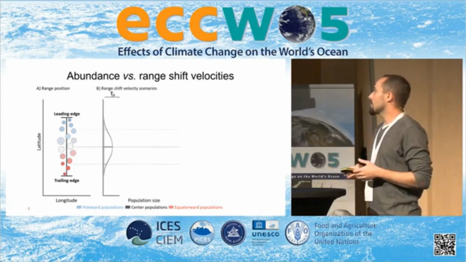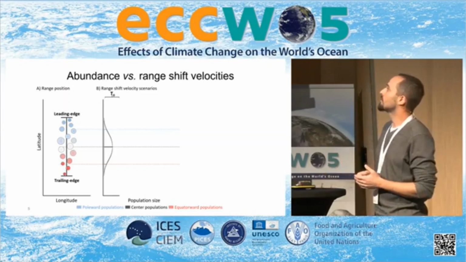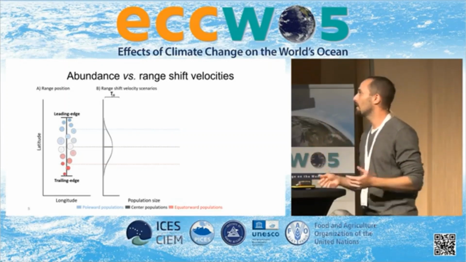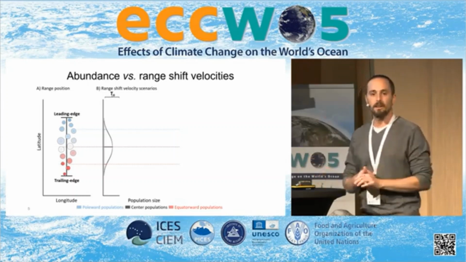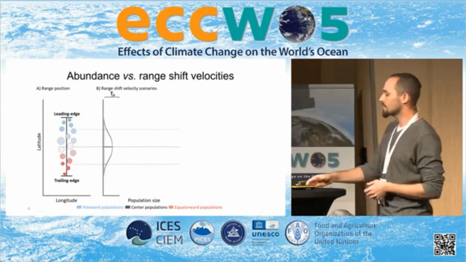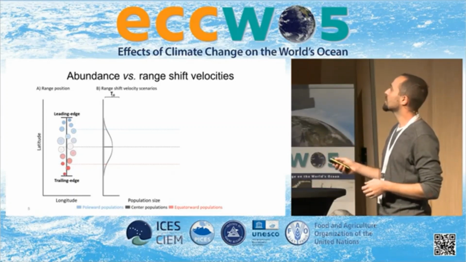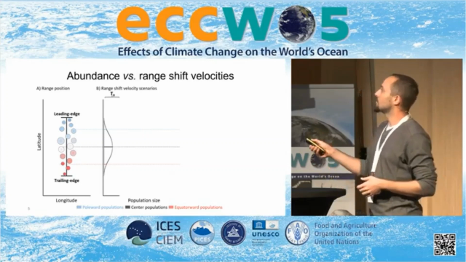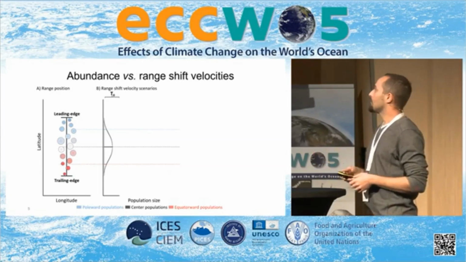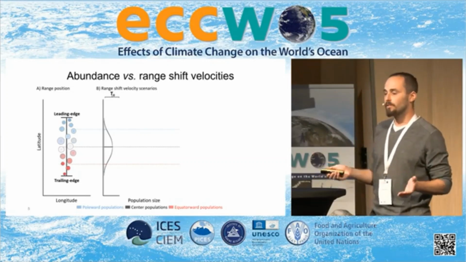We first have the range distribution of the species at T0, before the warming. We can see a unimodal curve, according to the abundance center hypothesis, for simplification. The forward populations are smaller than the center populations, and most individuals are within the center. After a range shift, we may predict 3 different scenarios.